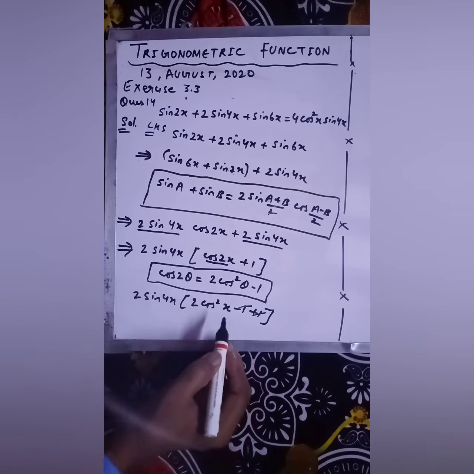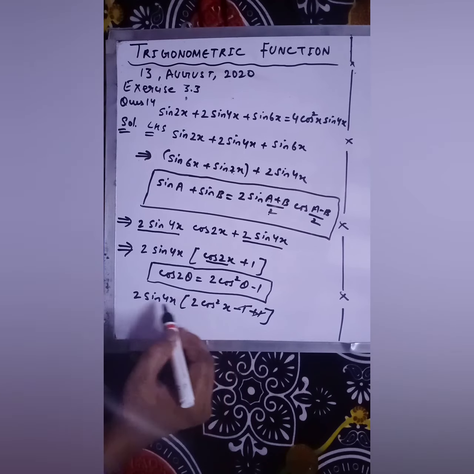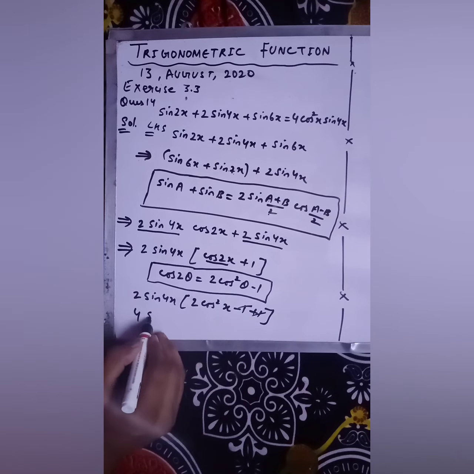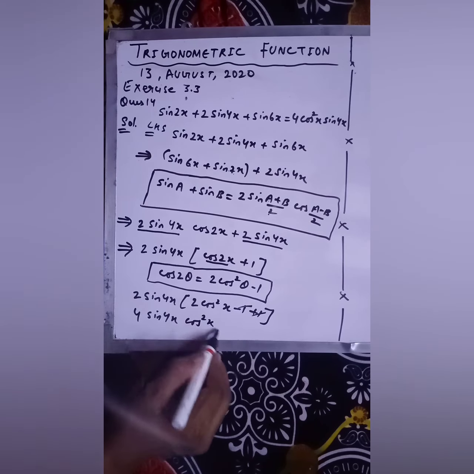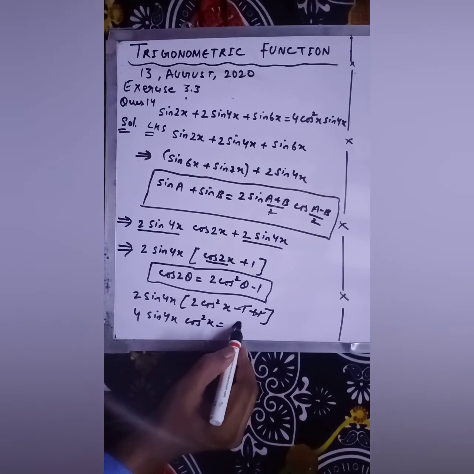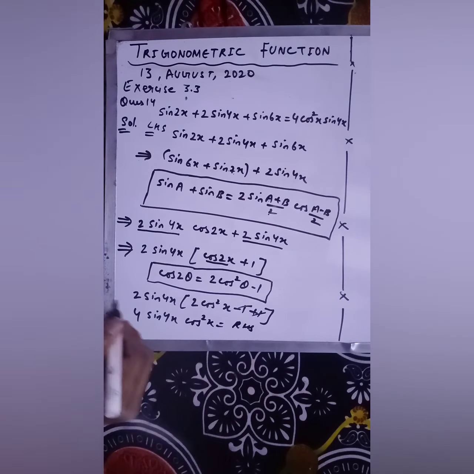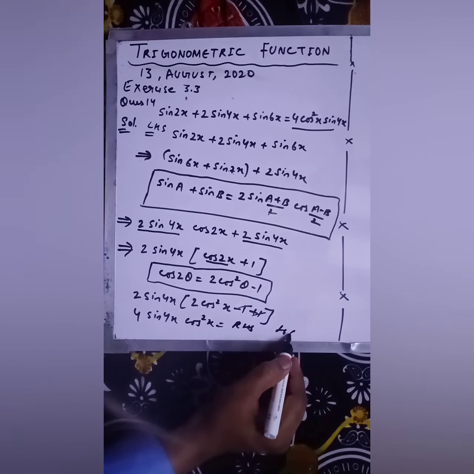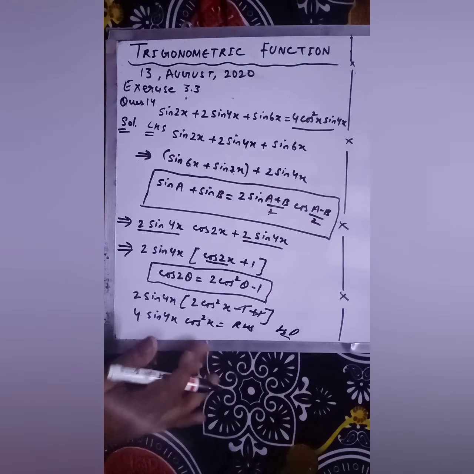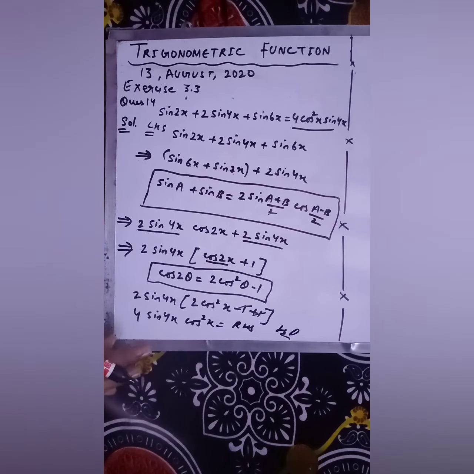And you will get 2 into 2, that would be 4 sin 4x cos square x. So this is your RHS. This is what you have to prove, hence proved, LHS equals RHS. This is how you can solve your question number 14. Got it? Note down.